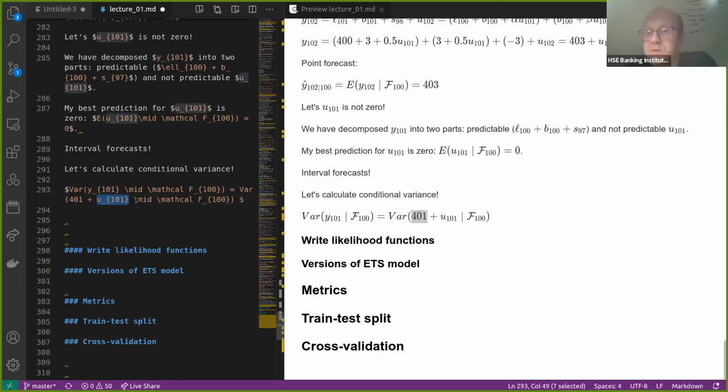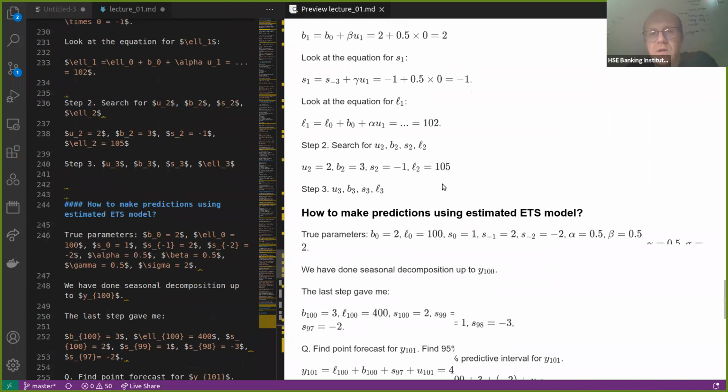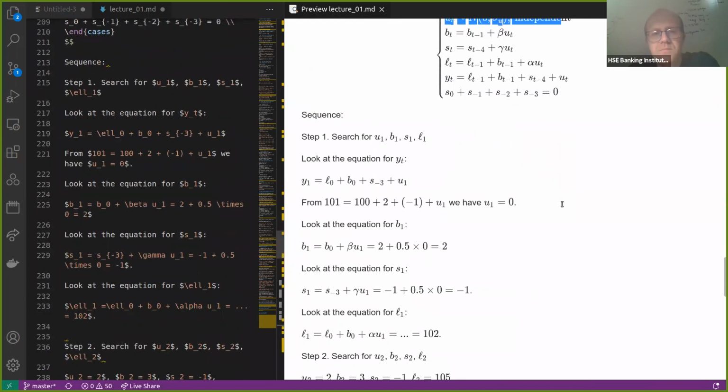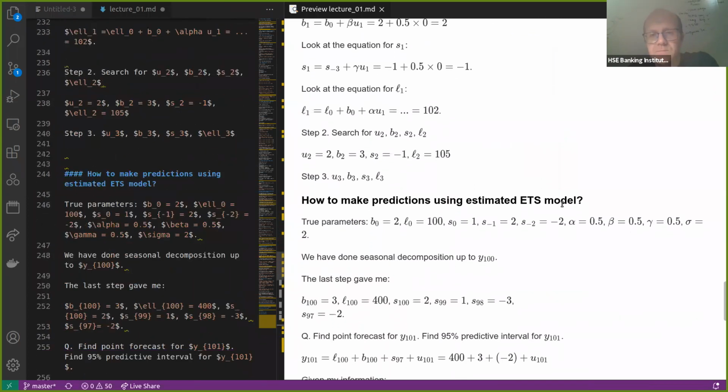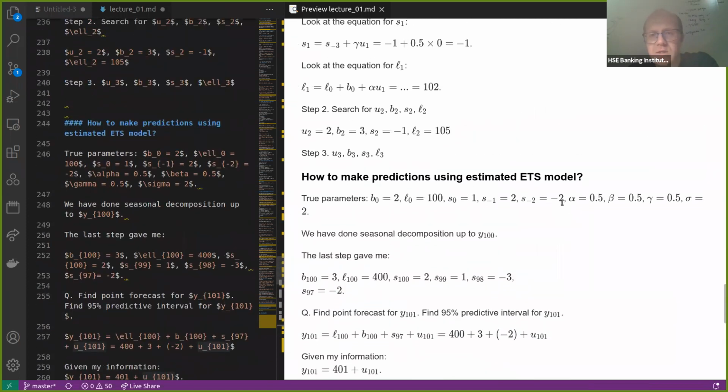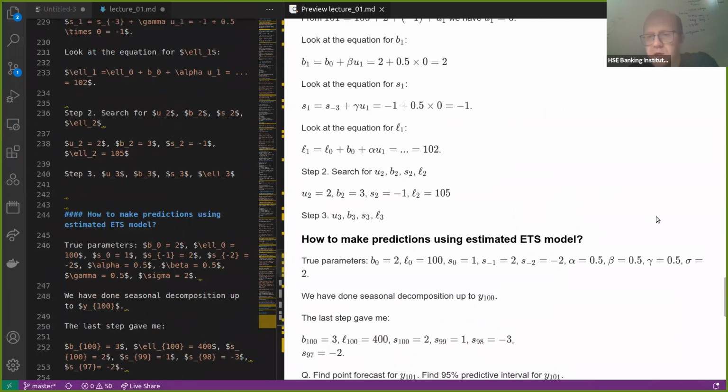Who remembers? We go back a little bit, and we see that U has a normal distribution with sigma equal to 2, as I remember. Yeah, sigma is equal to 2.